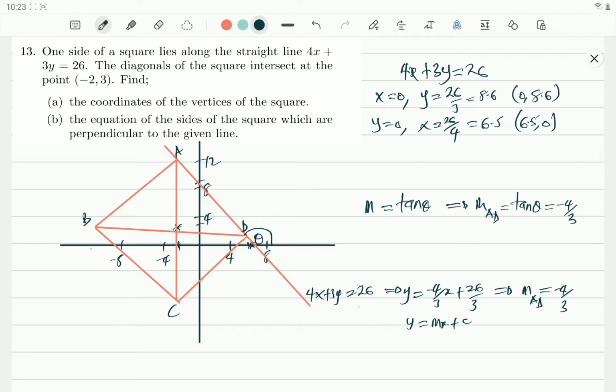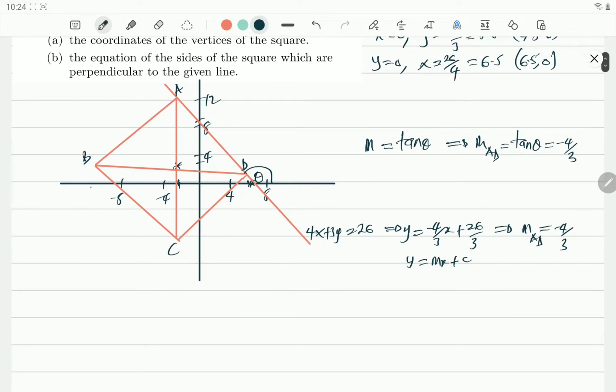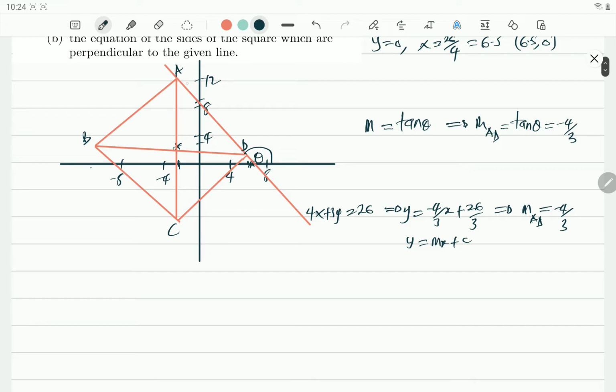The only line we know so far is AD, so we would have to make sure we know another line, AC or BD, so that we solve them simultaneously. Because we already have a point on AC, we can try finding the gradient of AC, and we can do that by comparing the angle it makes with the x-axis to that of the other gradient.